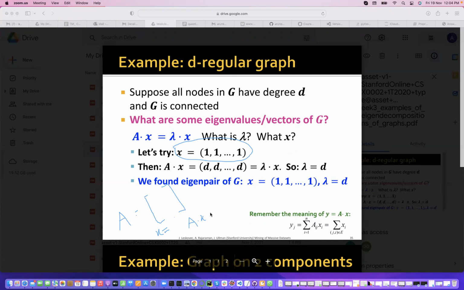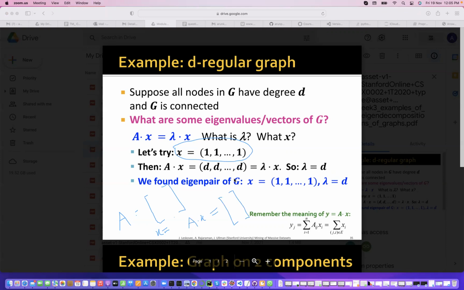Then when you multiply Ax, whatever vector you are getting, what is this vector? Just now we tried to understand: for each node, it is the sum of all its neighbors. Sum of all its neighbors means its degree D, because how many edges it has, that many neighbors it has.